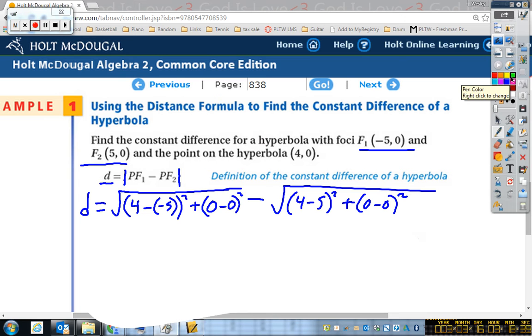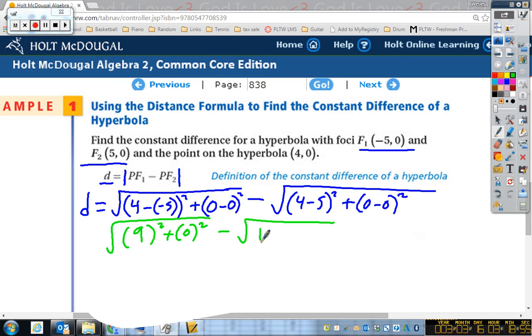Well, 4 minus negative 5 is the same thing as 4 plus 5, which is 9. So I have 9 squared plus 0 squared, of course under a square root. Minus 4 minus 5, which is negative 1, squared plus 0 squared. And of course, the zeros just go away. I don't really need those.